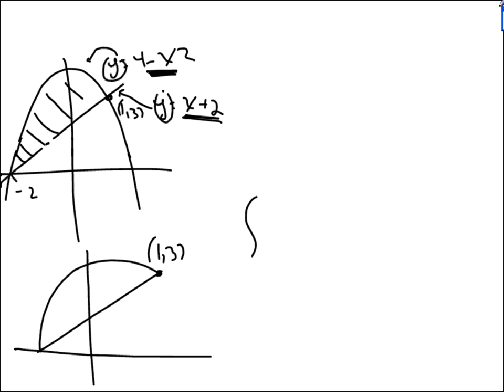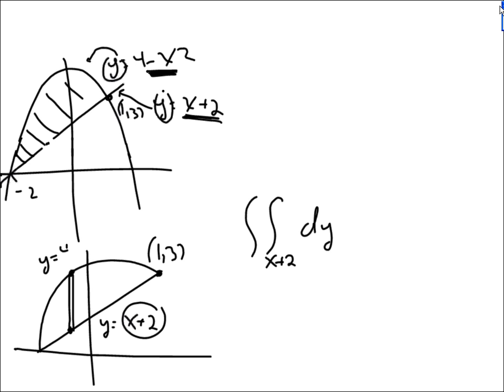Okay. So it's a double integral. Looks like going vertically would be good. y goes from here to here. So first we're going to do dy. And the lower value is y equals x plus 2. And the upper value is, in this case, 4 minus x squared. When you look for a y, you shouldn't write down y here.